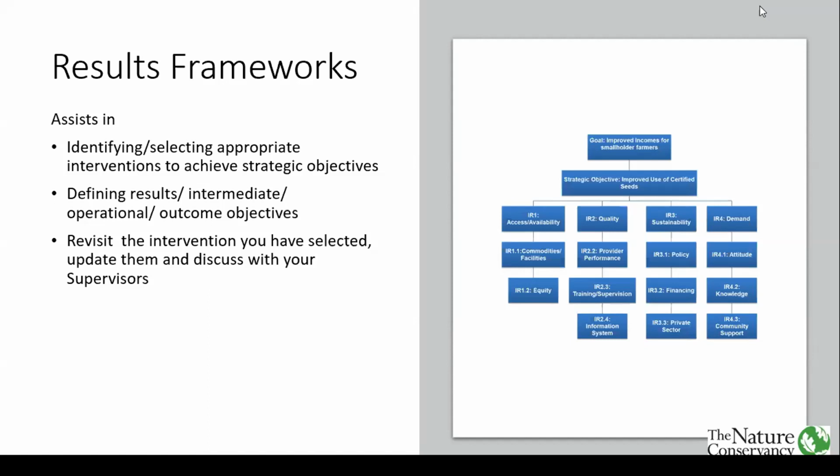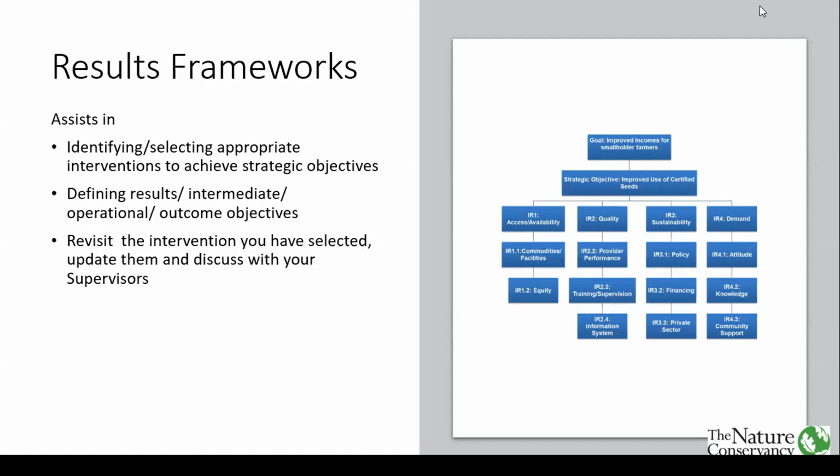Results frameworks form a basis for monitoring and evaluation activities at the objective level. With the results framework, you're able to follow each result in sort of a flow diagram.